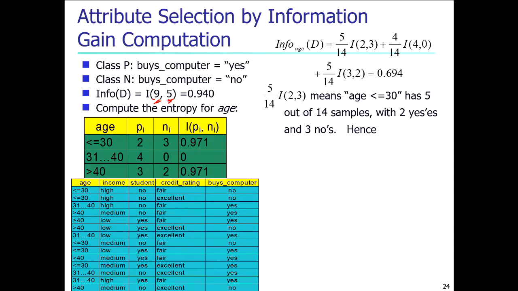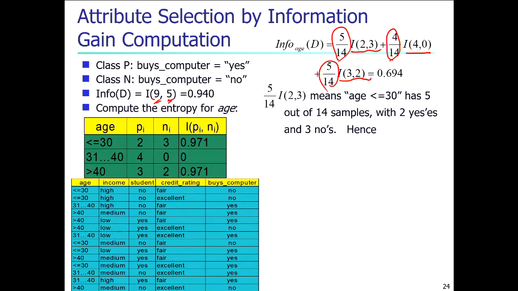For each of them, we can compute its entropy, which is here, here, and here. Since we are doing the expectation, don't forget to multiply the portion here.